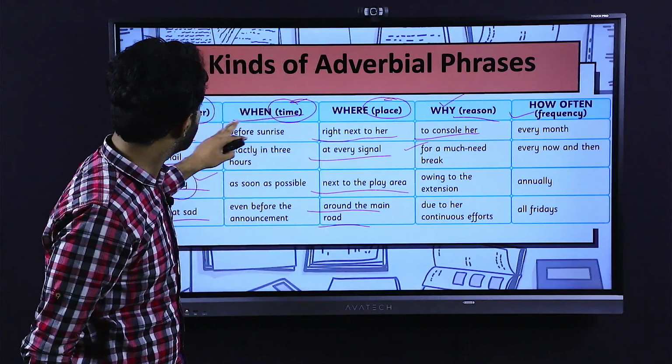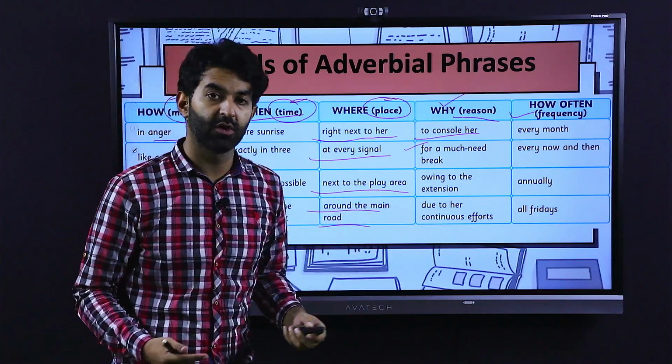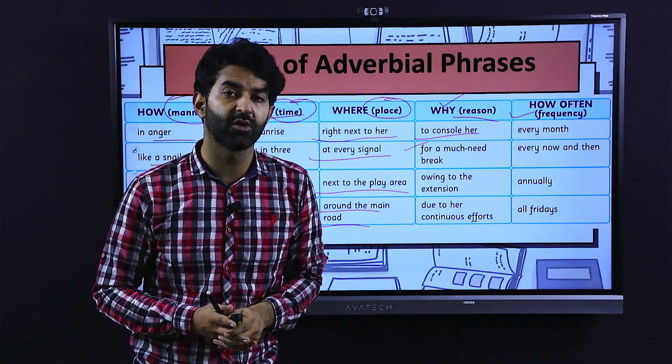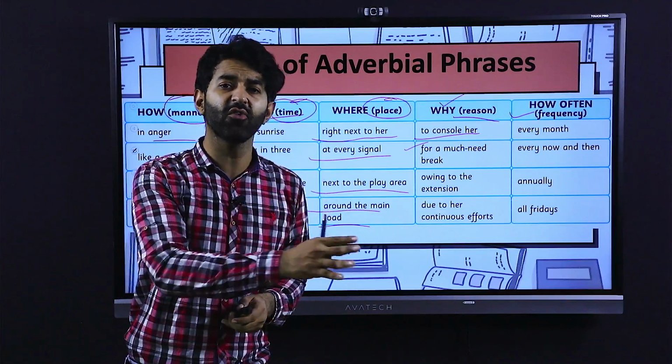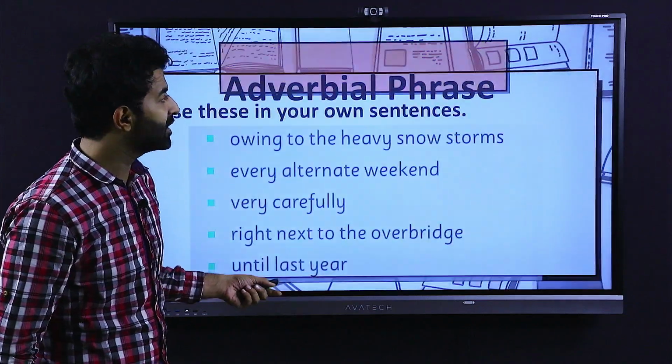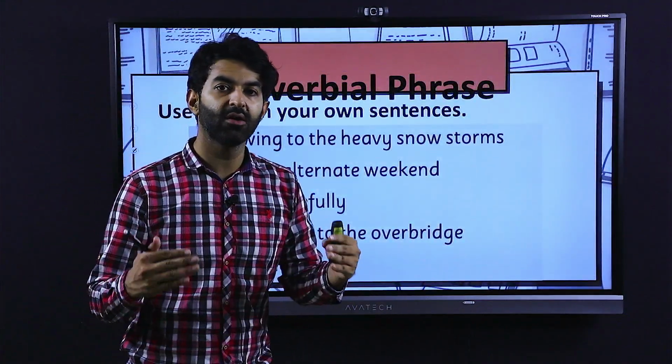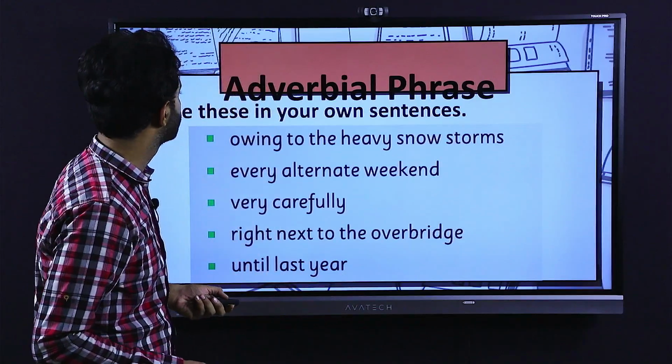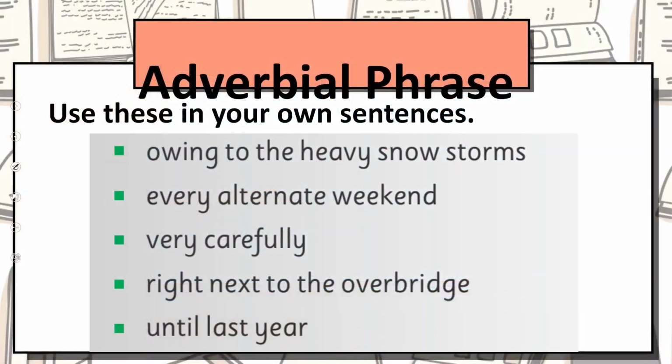So manner, time, place, reason, and frequency. You have to memorize these different kinds of adverbs. They are answering different kinds of questions. They're very important. You have to memorize this table, write it down, and learn it by yourself. Now, here are some adverbial phrases. You can take a screenshot, take a picture.